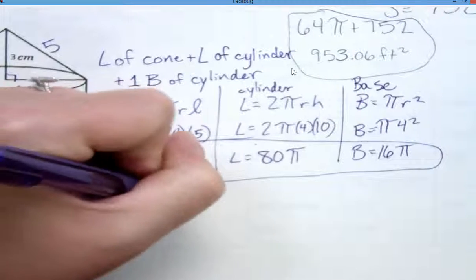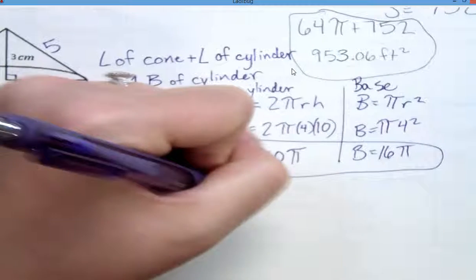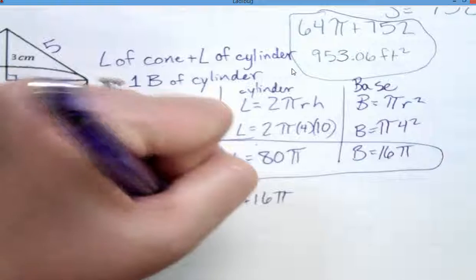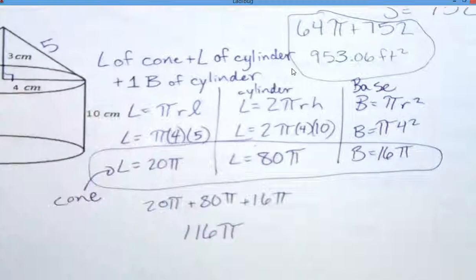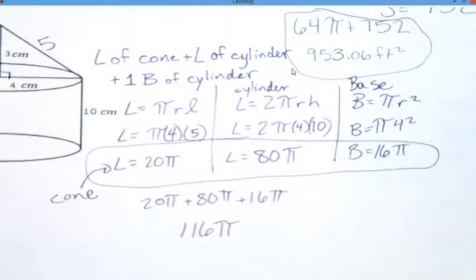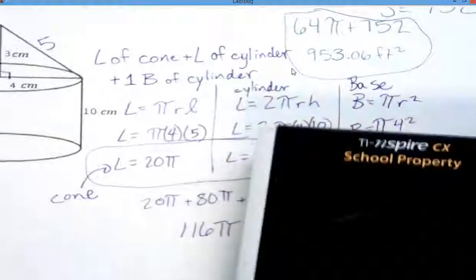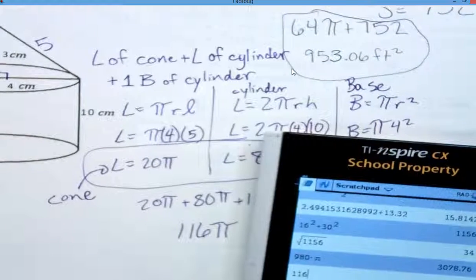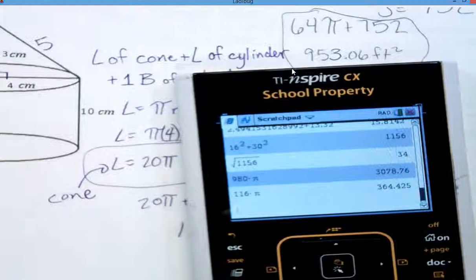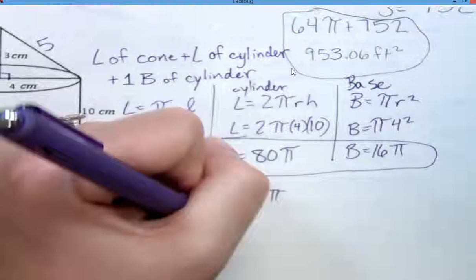So 20 pi plus 80 pi plus 16 pi. 116 pi. If we're working on big ideas, we'd have to take that, put it in the calculator, and get 364.43.